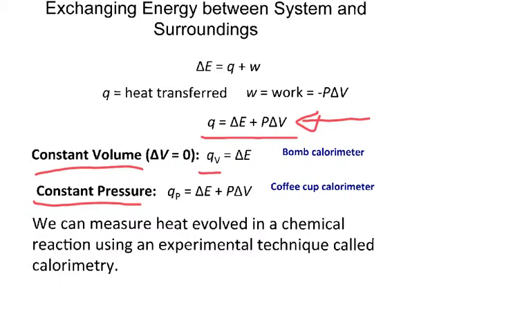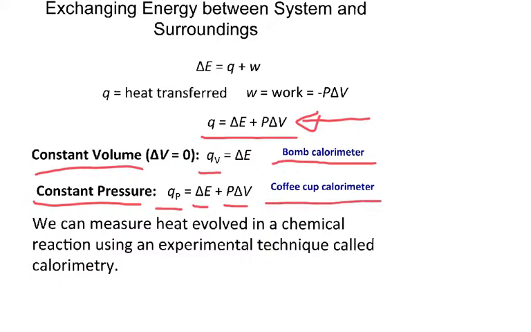Your book talks about two different experimental conditions where we're interested in constant volume or constant pressure. The one associated with constant volume is bomb calorimetry, and we'll talk about that in a minute. At constant pressure, however, the heat transferred is equal to the change in internal energy plus pressure times the change in volume.